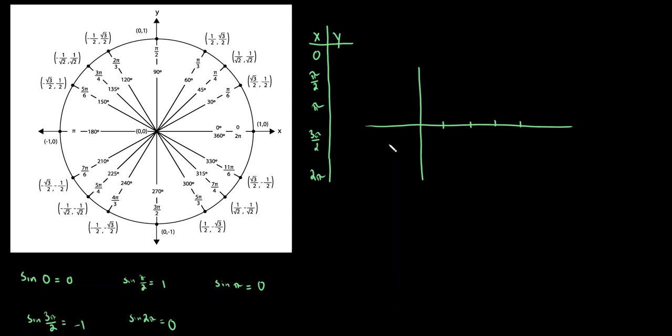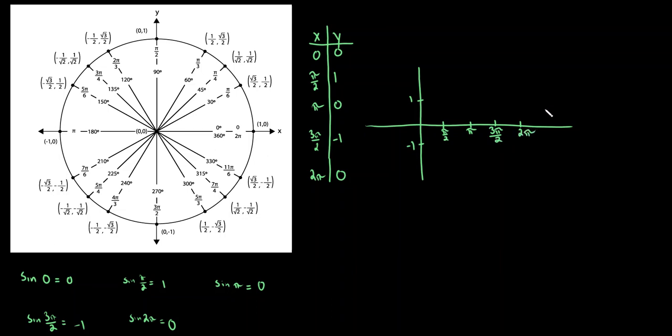And then the y coordinate, the dependent variable, is what we got. So we got 0 at sine of 0, we got 1 at sine of pi over 2, we got 0, negative 1, and 0. So I'm actually just going to go ahead and plot all these points, and now I have what our scale should be.